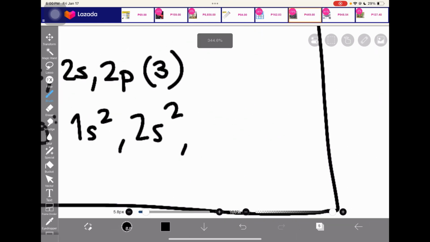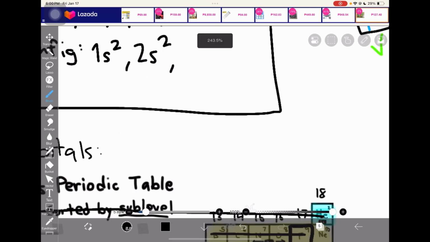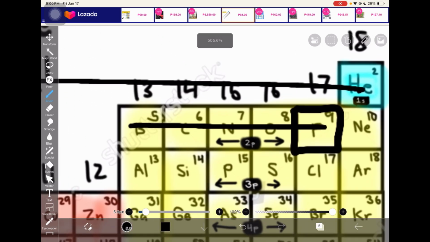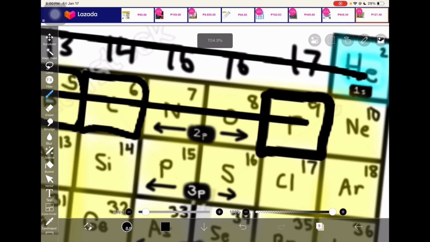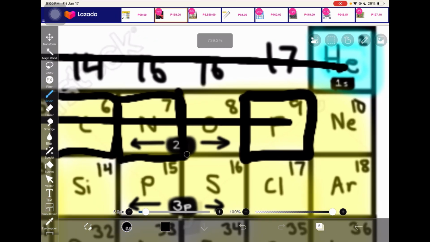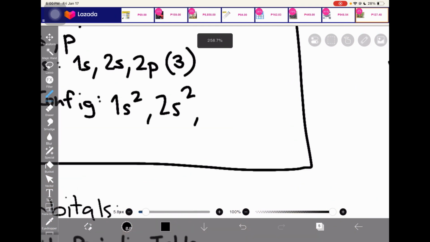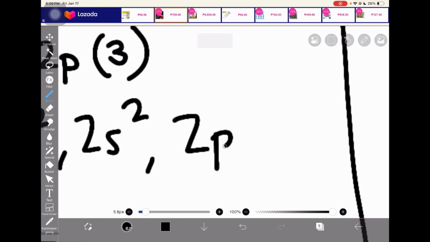Then you locate your 2p on the periodic table and start from the first element in 2p. So boron is 1, carbon is 2, nitrogen is 3, oxygen is 4, and fluorine is 5. Therefore, 2p5.